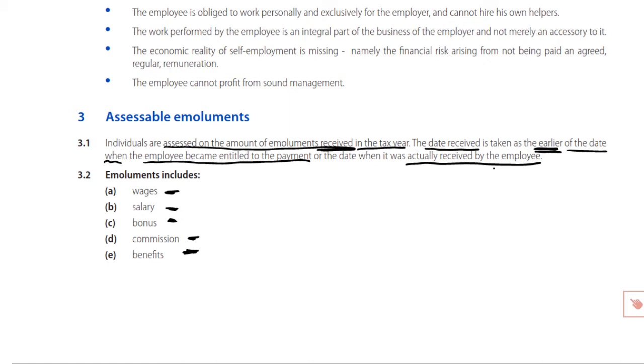Again, most of this chapter is given over to looking at the various types, and it's quite a long list surprisingly, of exempt benefits that might be provided by an employer to an employee, but also, of course, the important ones for us, the taxable benefits, so we can calculate how much is taxable. How do we compute that figure? Because you will be required to do such calculations in your exam.